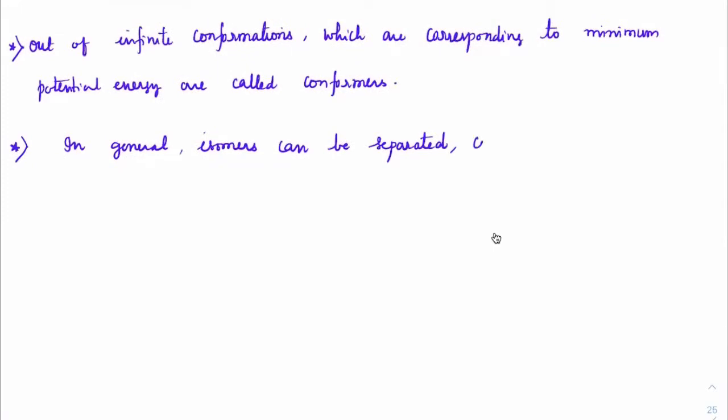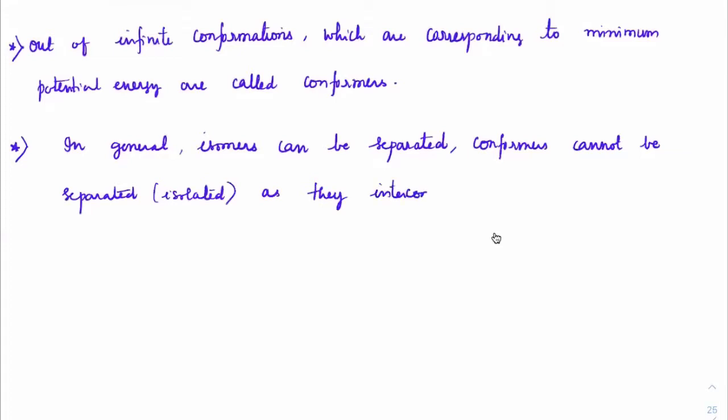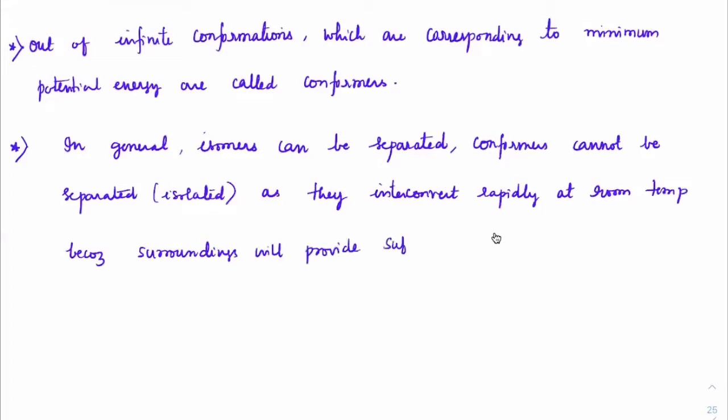But when it comes to conformers, conformers cannot be separated or isolated as they will interconvert rapidly at room temperature. Surroundings will provide sufficient energy.